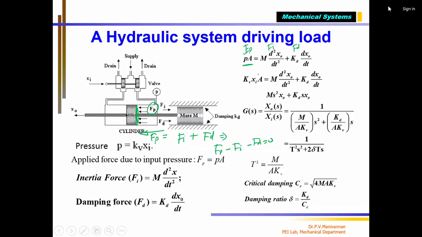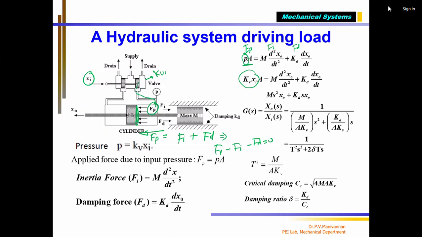So now we already know that we can write this equation. We have given the equation kv into xi into A. kv into xi into A is the force, where kv is the valve constant and xi is the input. So kv into xi is going to decide what the pressure P of the fluid entering is.